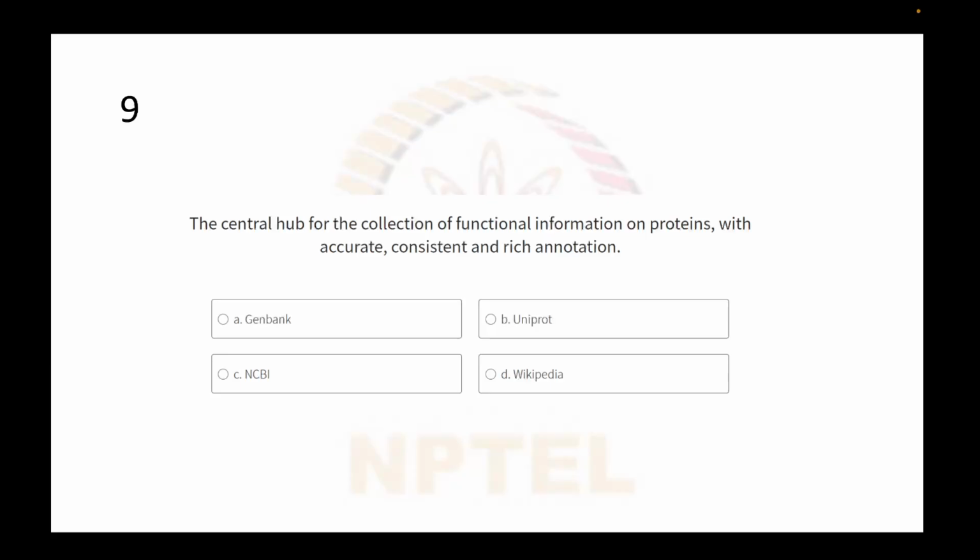Now I have the question: which is the central hub for collection of functional information on proteins with accurate, consistent, and rich annotation?